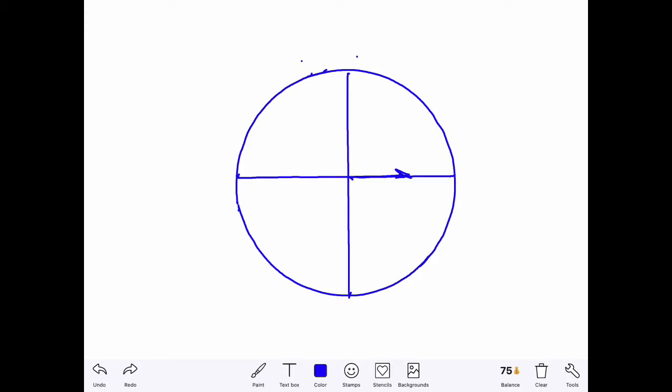And maybe we're doing a 150 degree angle. From that initial side, I'm going to rotate 150 degrees counterclockwise. Okay, so when I go to construct my reference angle, it's going to be the shortest acute angle to the x-axis.